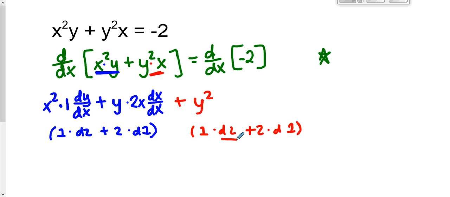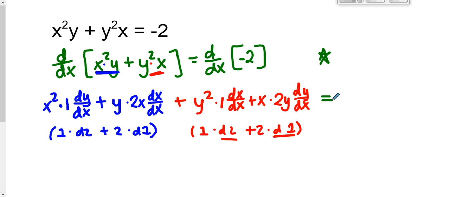D second, so derivative of x is 1. I took the derivative of x with respect to x. Plus the second, x, I did not take the derivative, no dx/dx. Derivative of the first, so derivative of y squared, 2y. I took the derivative of y, dy/dx. And then I have equals, the derivative of negative 2 is just 0.